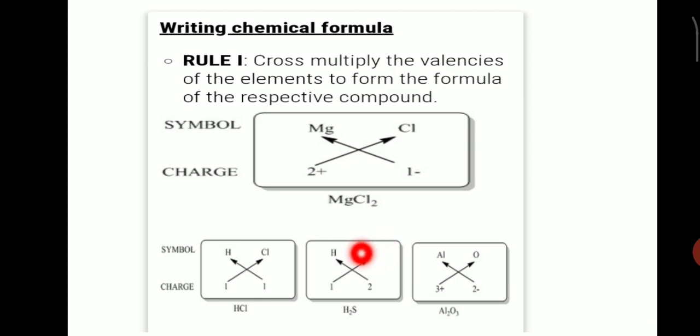Sulfide is S. Hydrogen's valency is 1, sulfur is 2. Interchanging, hydrogen gets the valency of sulfur and sulfur gets the valency of hydrogen. So H2S1.